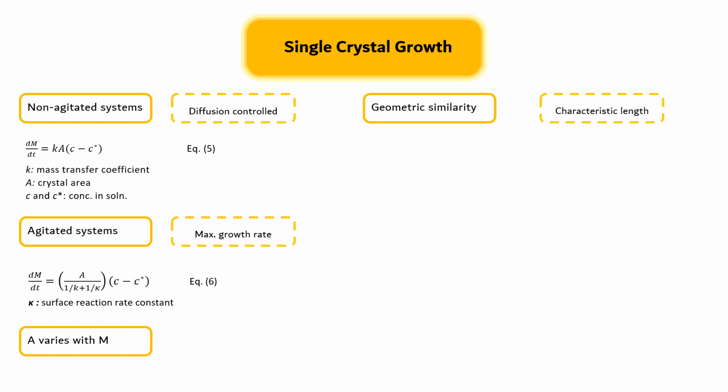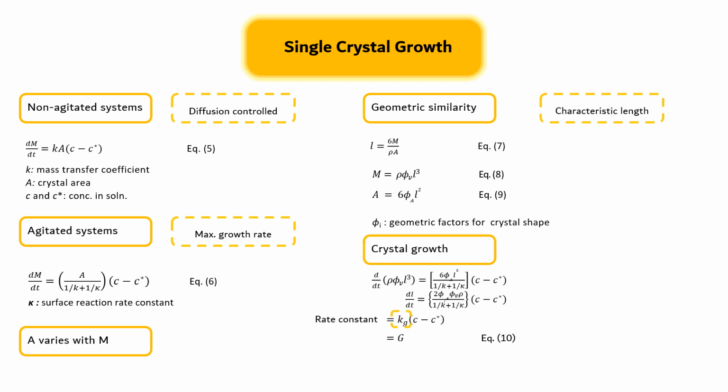In this case, the arbitrary selection of a single dimension can be used to characterize the size changes. Thus, we define a characteristic crystal length as shown in equation 7 until equation 9. The crystal growth can be calculated using equation 10.